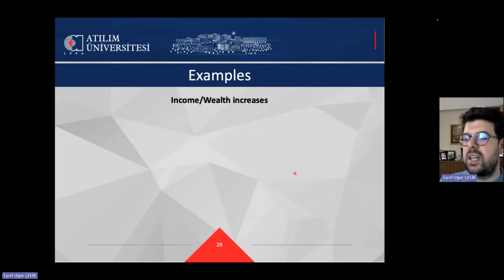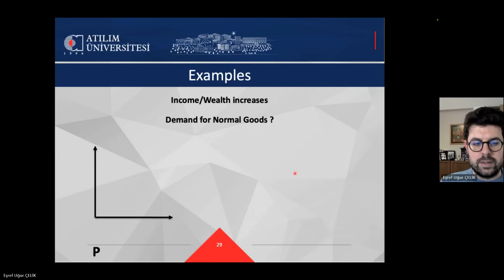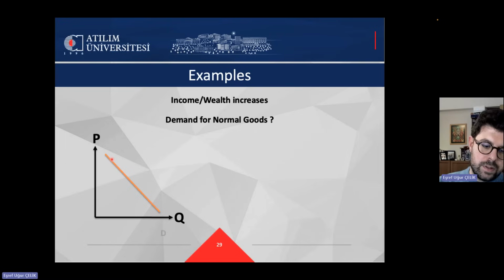Okay, let's make an example about it. How can they change on the graph? The vertical line is denoted with price, the horizontal line with quantity. This is the demand curve. How can we know? Because the law of demand says that the relationship between price and quantity demanded is negative.